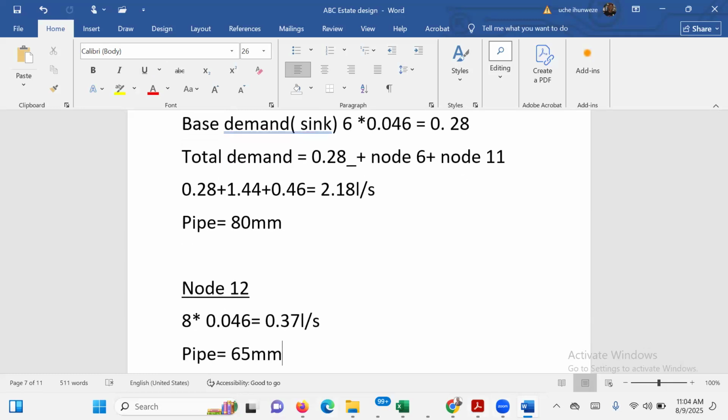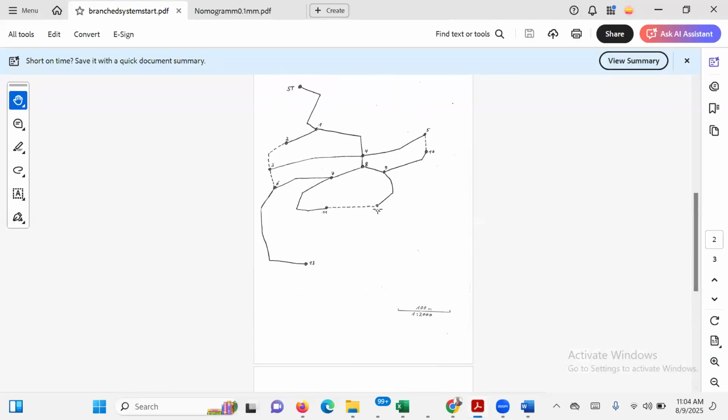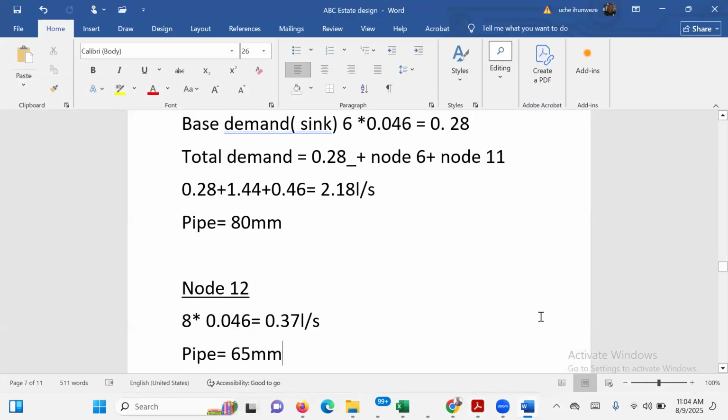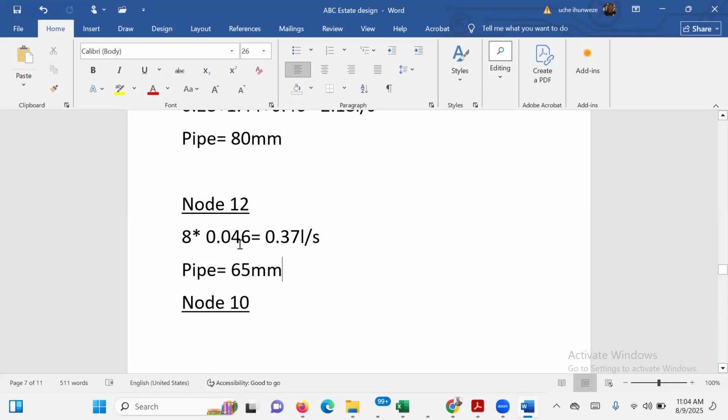So let's go to node 12. So this is node 12. Node 12 does not have downstream. So I'll just calculate houses between 9 and 12. If I calculate the houses between 9 and 12, I will get 8 houses. So 8 multiplied by the value of 1 will give me 0.37. So I'll just use nominal pipe.